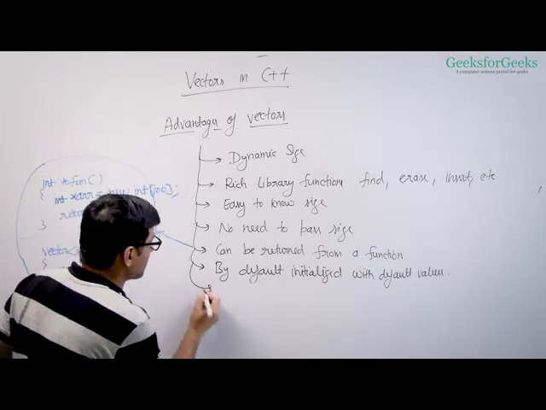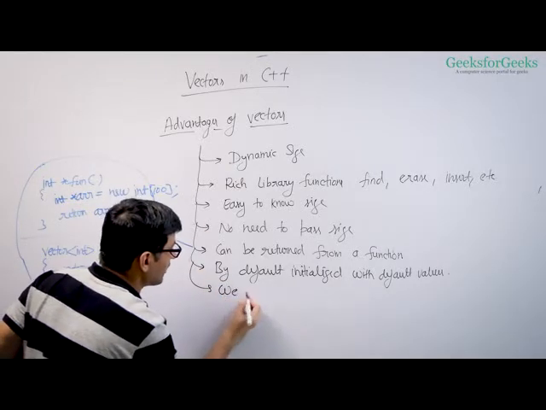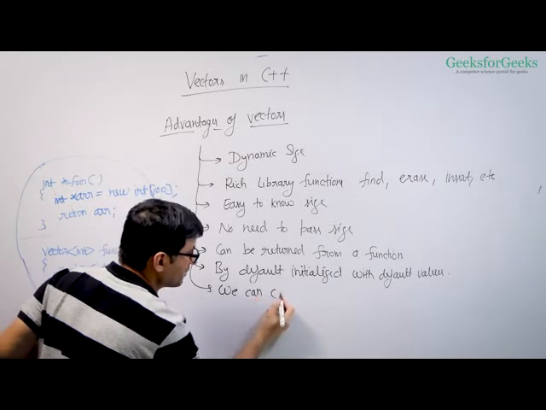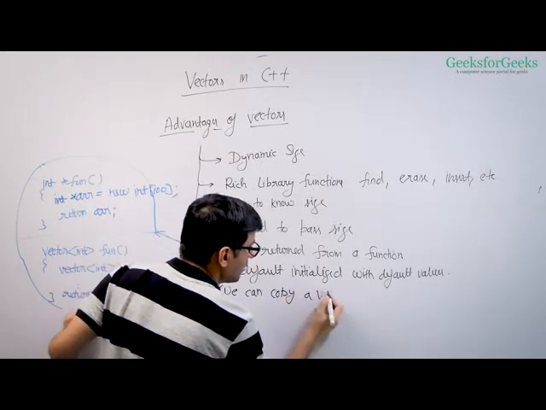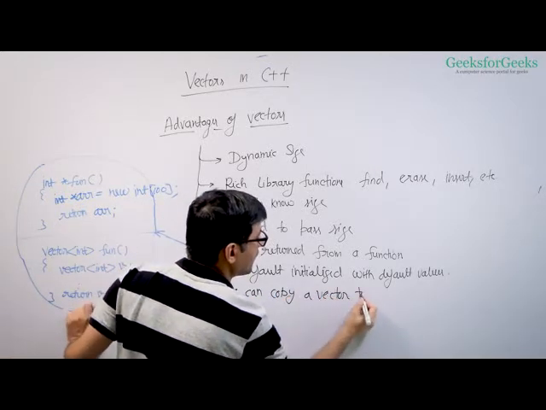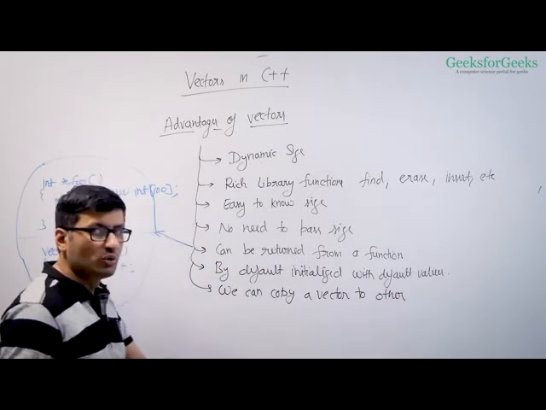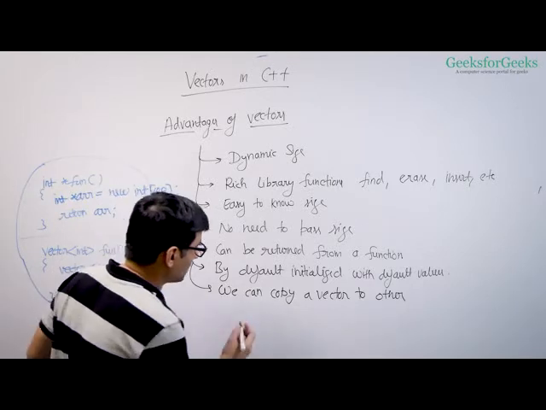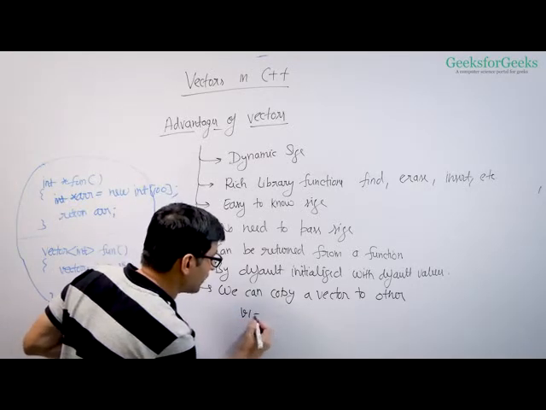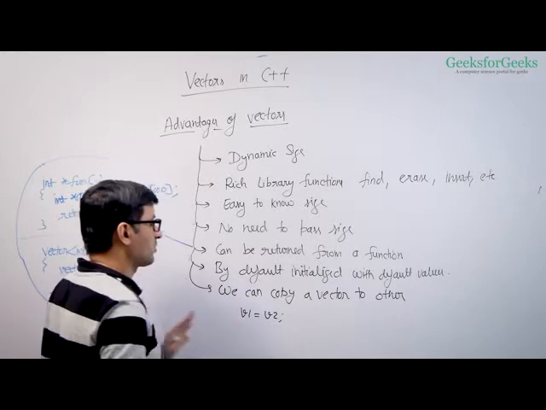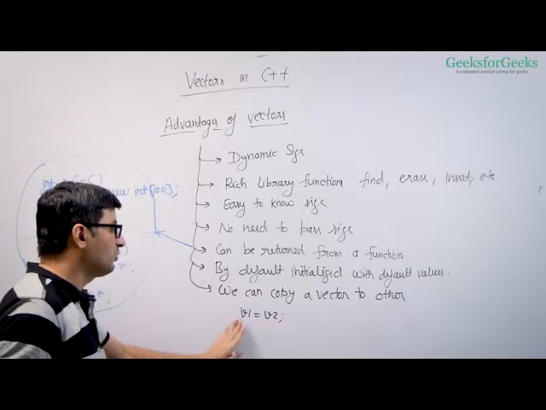The one point that was missing here: we can copy one vector to another. This also saves time. In case of arrays, if you have to copy one array to another, you will have to run a loop or use some function. Here you can simply write v1 = v2. It copies all the elements of v2 into v1.